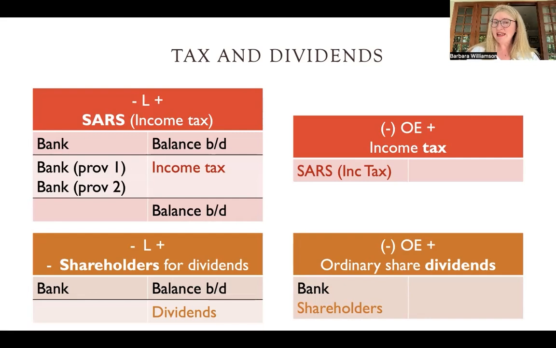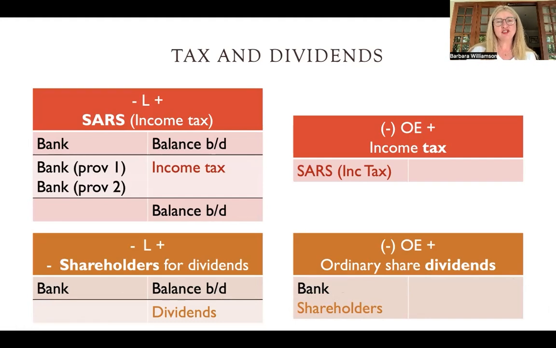So instead, if we declare an interim dividend, it is declared, that liability has been created, you do need to pay the shareholders that money. And so therefore we pop it straight into our dividends account. Usually you'd pay it immediately and it would be a bank entry. Note I say usually.